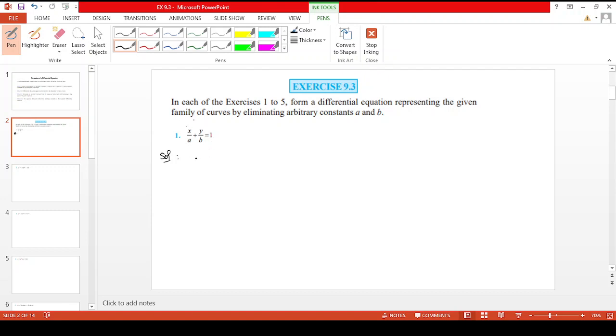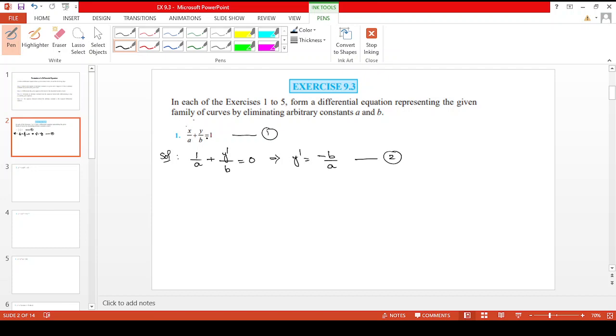So first I'm going to differentiate with respect to x. 1 by x differentiation is 1, 1 by a, plus y dash by b equal to 0. So y dash by b equals minus 1 by a, so y dash equals minus b by a. Let us consider this as equation 1, and y dash equal to minus b by a as equation 2.